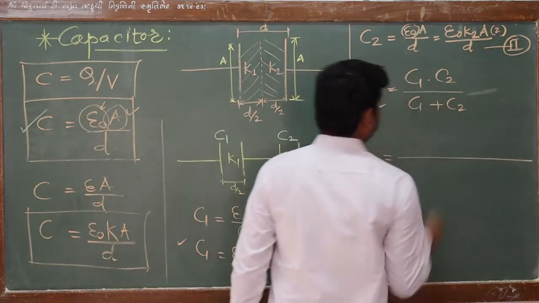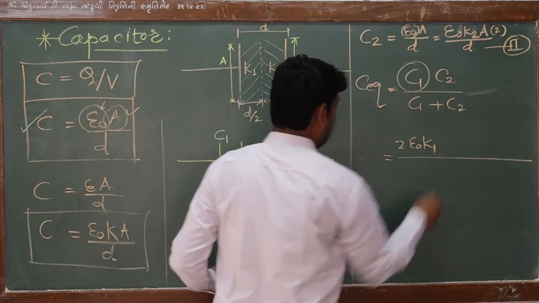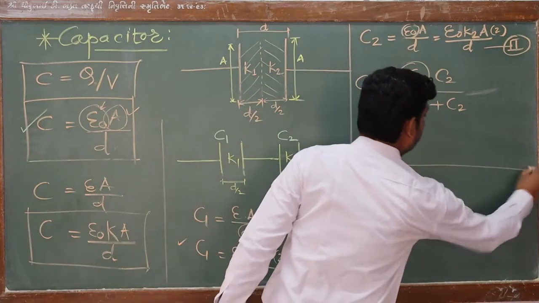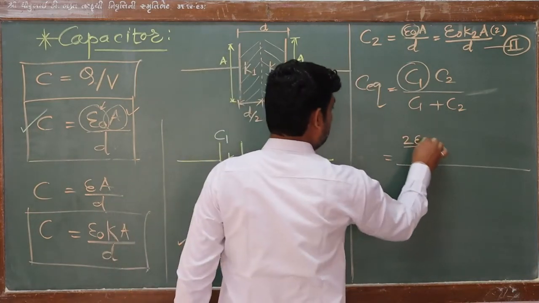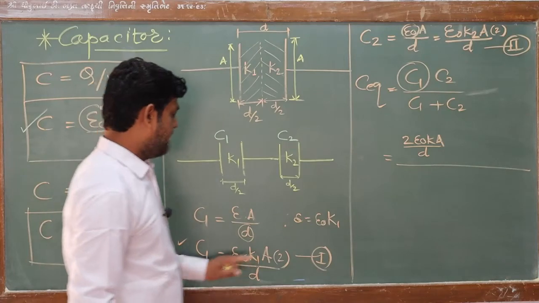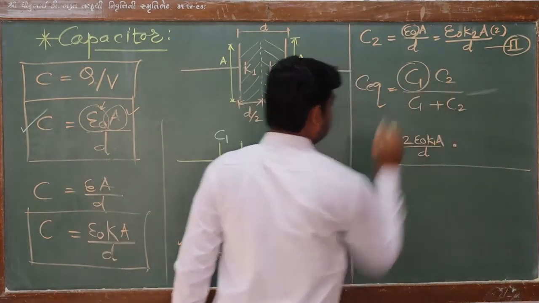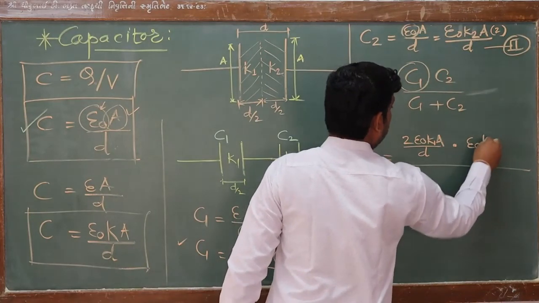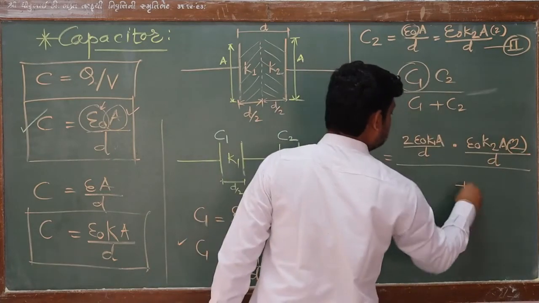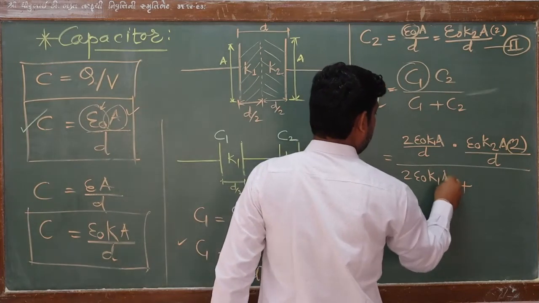Writing the values, C1 equals 2 epsilon 0 K1 A by D, and C2 equals 2 epsilon 0 K2 A by D. What is C1 plus C2? C1 is 2 epsilon 0 K1 A by D.